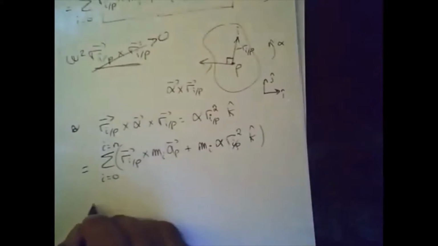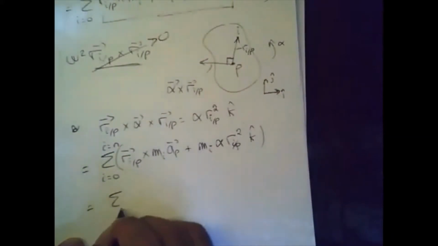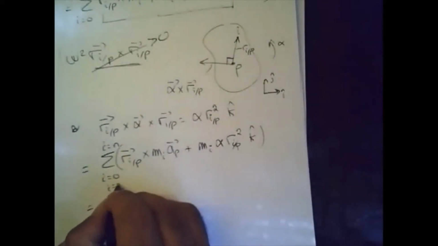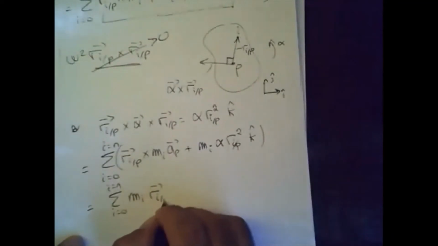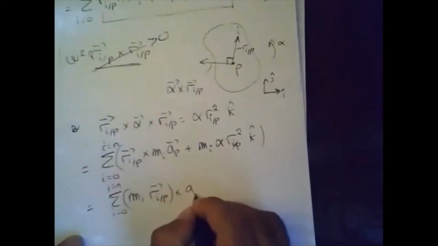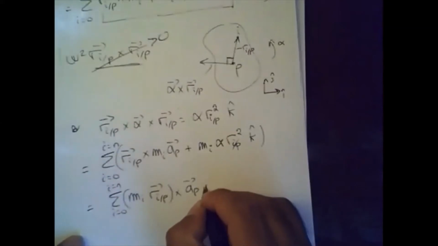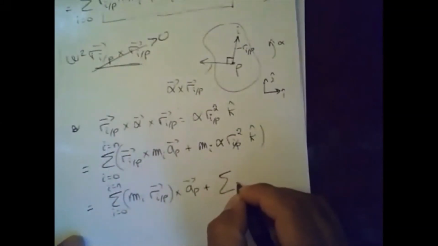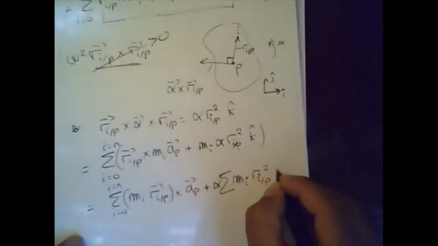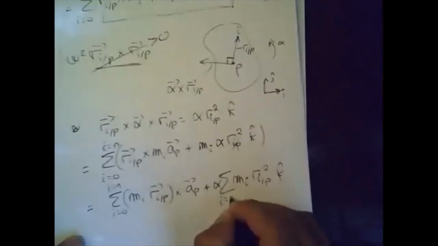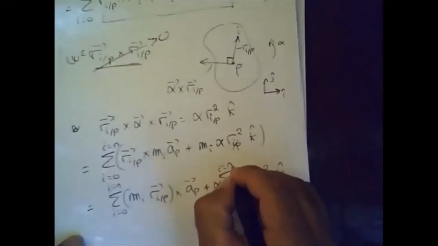I'm going to separate these two and move the m_i to the front. So that would be the summation of m_i R_iP cross a_P plus the summation of alpha m_i R_iP squared k, for i equals 0 to N.